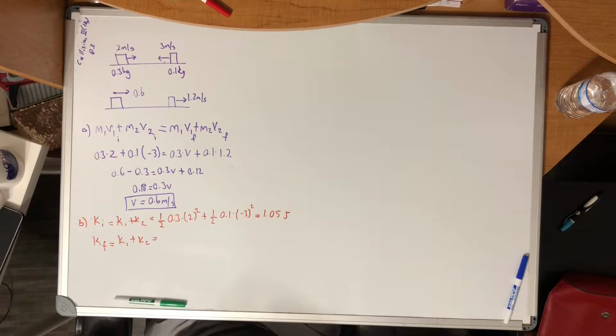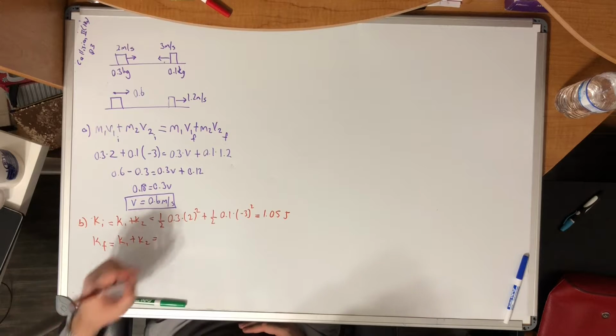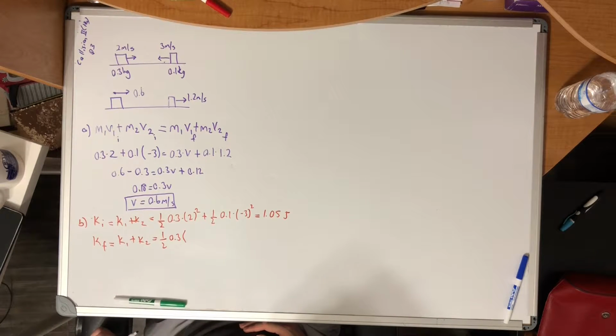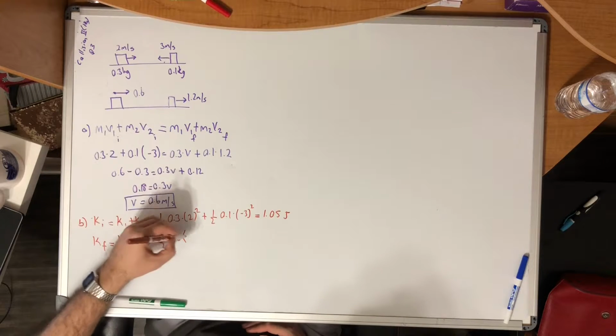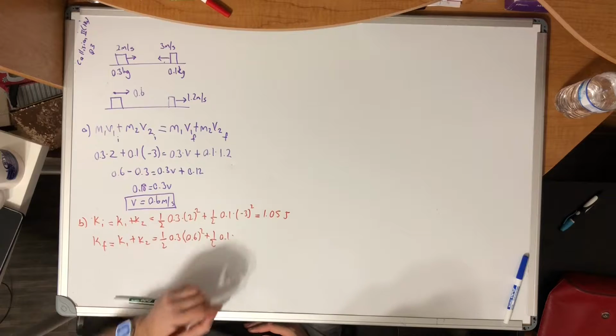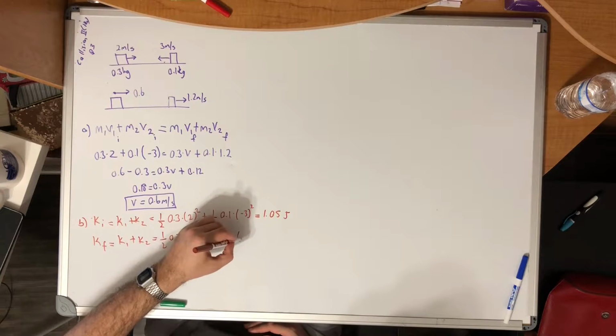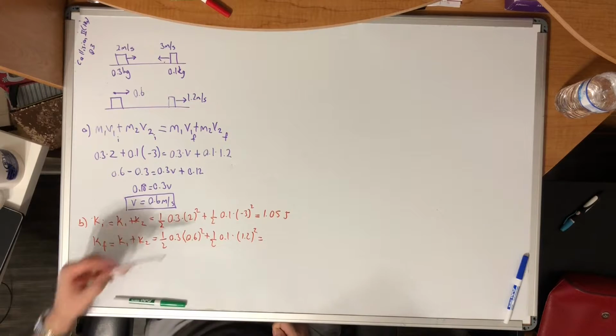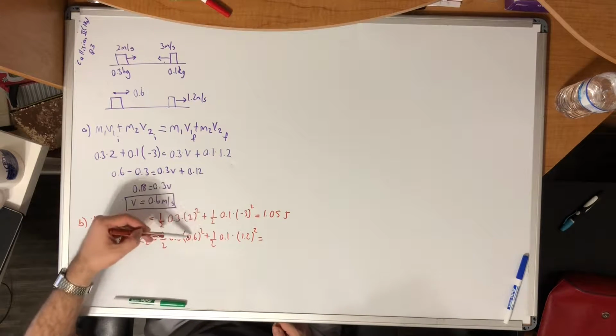Once you calculate your kinetic energy afterwards, same thing, 0.3, but this time velocities are changing. This guy is going with 0.6 this time, 1/2, 0.1, and this guy is going with 1.2 squared. You can definitely see that both of the velocities are dropping.